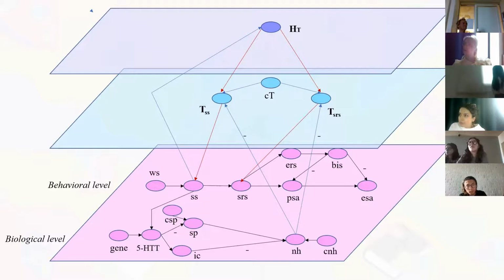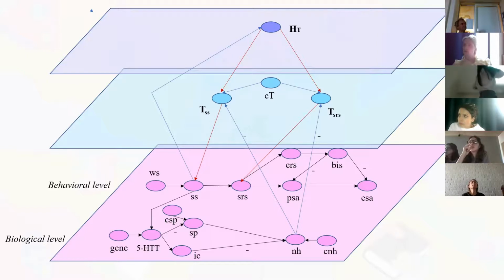What I did there is the first order variables, the TSS and TSRS. There's an arrow here to the thresholds of SS and SRS. It negatively influences TSS. So you can see that if NH is very high, then the TSS is very low, which means SS is very sensitive, as well as this one is very sensitive.